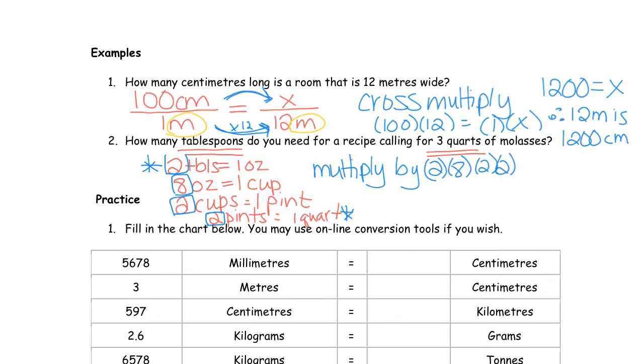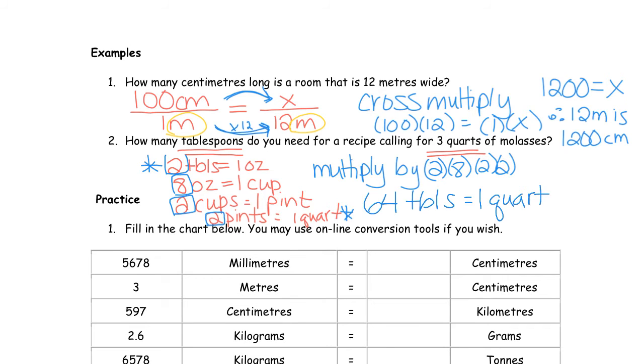Okay, so I would have 64 tablespoons is equal to 1 quart. Okay, you could also just Google how many tablespoons in 1 quart.